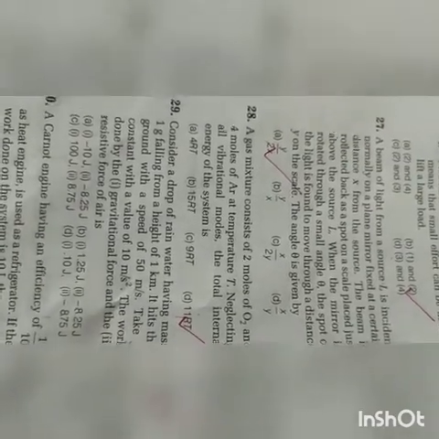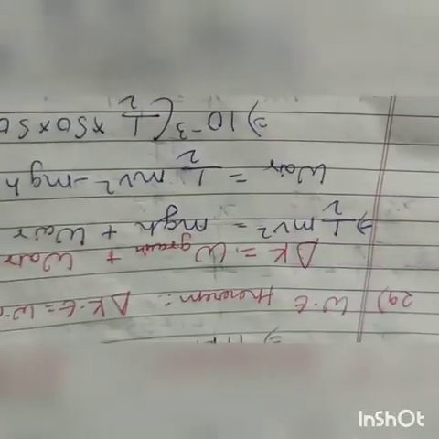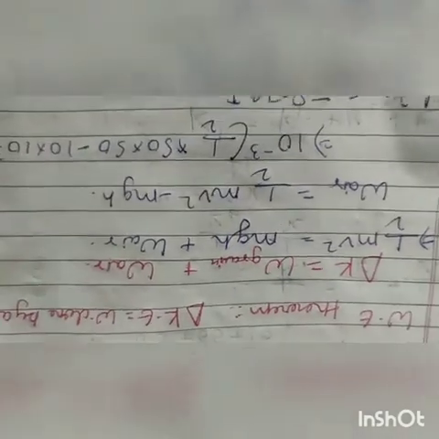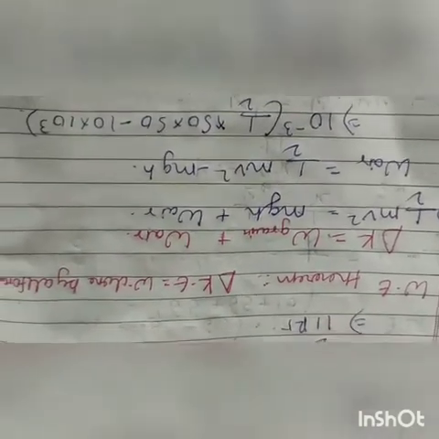Now question number 29. Consider a drop of rainwater having mass 1 gram falling from a height of 1 kilometer. It hits the ground with a speed of 50 meter per second. Take g as a constant with a value of 10 meter per second square. The work done by the gravitational force and the resistive force of air is. As we know, the work energy theorem tells that change in kinetic energy is the work done by all the forces.